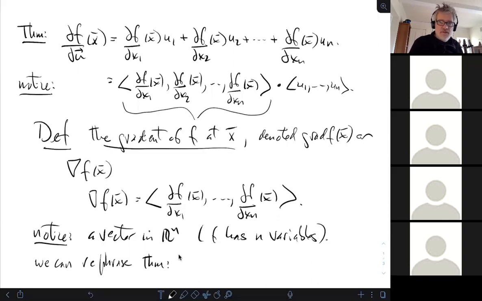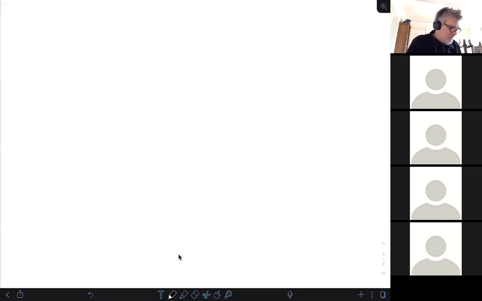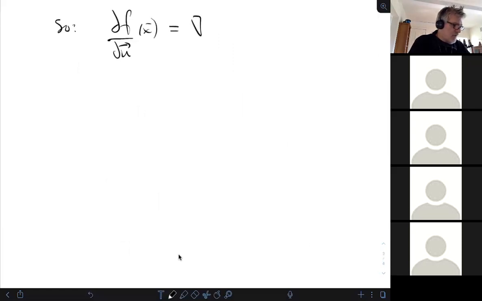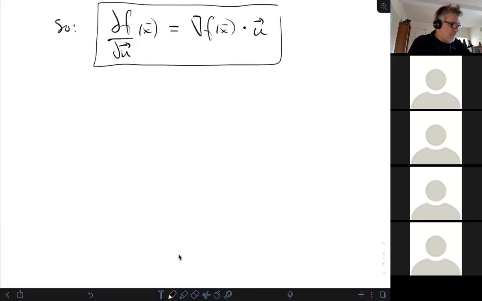We're assuming, obviously, f is nice enough so we can do this. We get a vector. And the relationship to the directional derivative is this. If I want to compute the directional derivative of f at x bar in the direction of u, this is the gradient of f at x bar dot u.